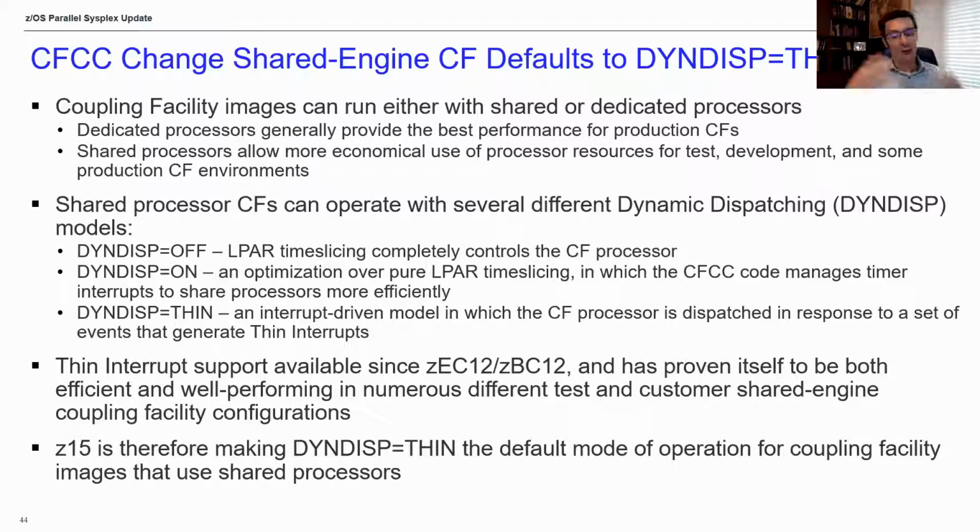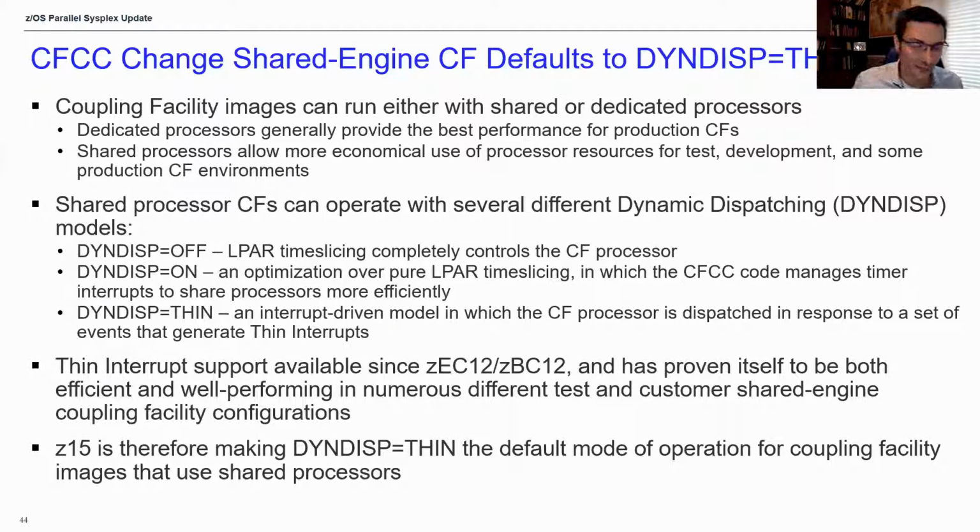So basically, when PR/SM has determined that you have a time slice, it will give your coupling facility control. Your coupling facility code will then go out and see if something has arrived on the link buffers, and then process that request and then relinquish control back to PR/SM for it to give its shared resources to maybe another LPAR.